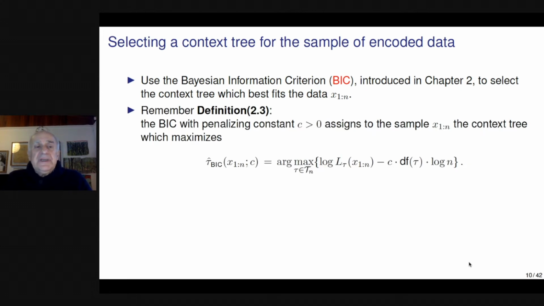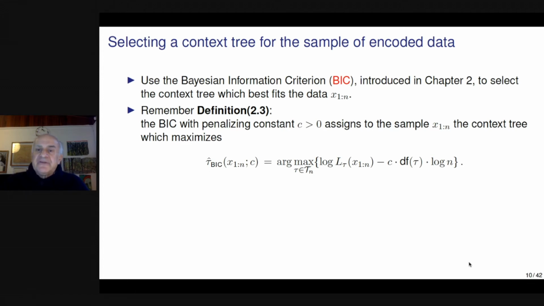I remind you, the BIC with penalizing constant c selects a tree, tau hat BIC, which depends on the sample and on the constant, as the tree which maximizes this balance between the logarithm of the likelihood of the sample for tau, minus, that's the balance, the number of degrees of freedom of the tree times the logarithm of the size of the sample.